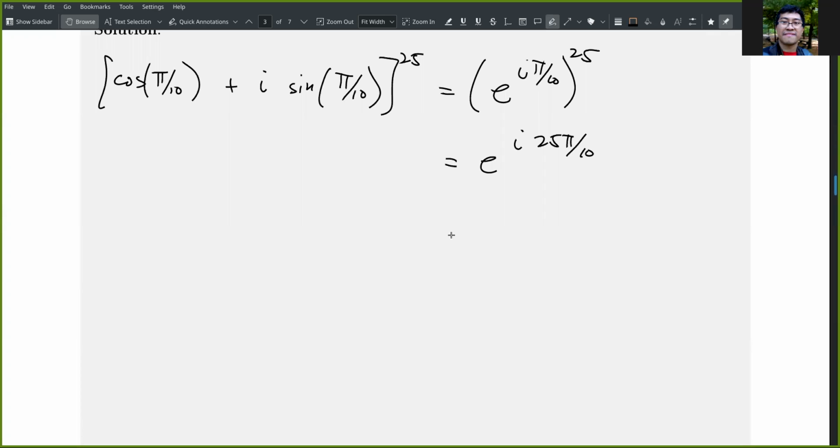You can write that as 5 pi divided by 2. That's e^(i 2 pi) times e^(i pi over 2).